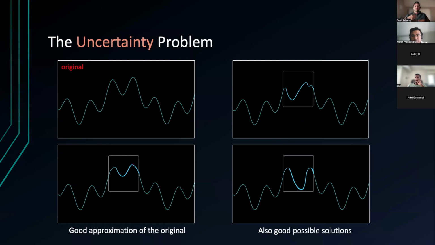But when you are doing, let's say, a generative method, you'll be constructing that entire signal again. Essentially what you will be doing is trying to memorize the data itself instead of understanding it. Because all of these different approximations are also good, they are not bad, they should also be learned by the model.